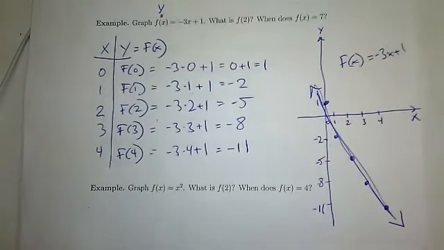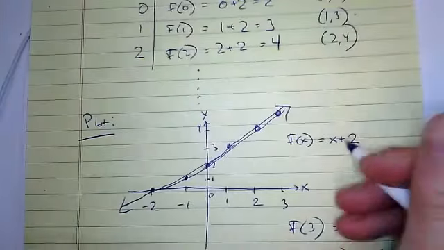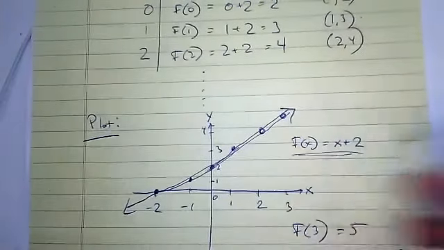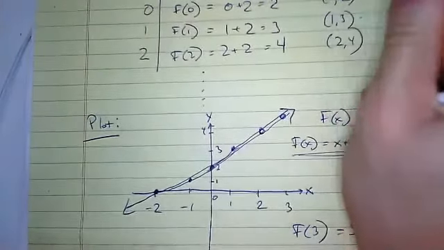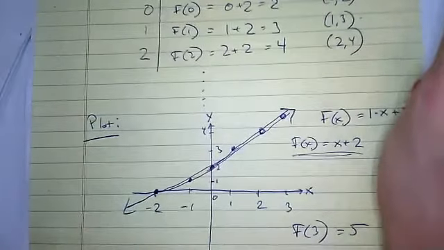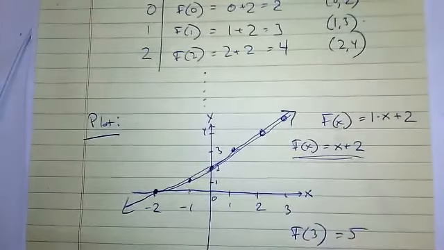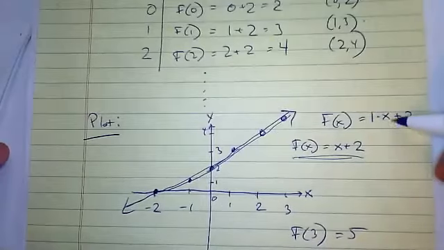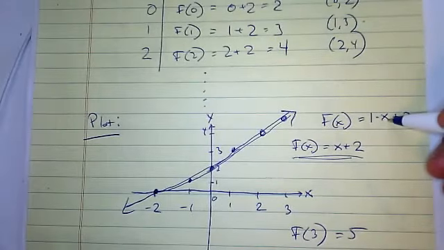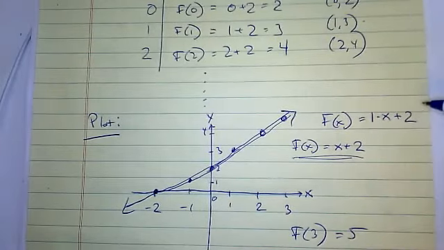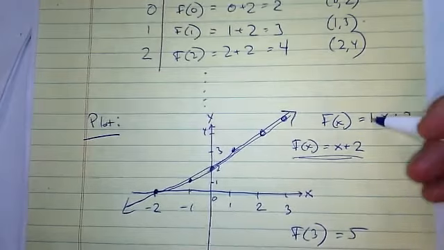So compare and contrast with the one we just did, right? The way I can look at this function is f of x equals 1 times x plus 2, right? The way you can interpret it is that every time I increase the x coordinate, or the independent variable, by 1 unit, I add 1 to the whole expression.